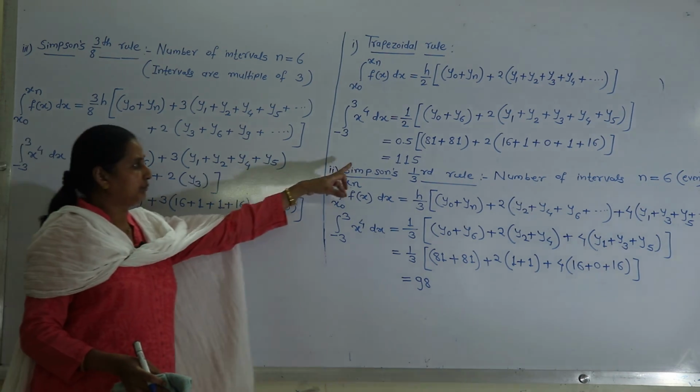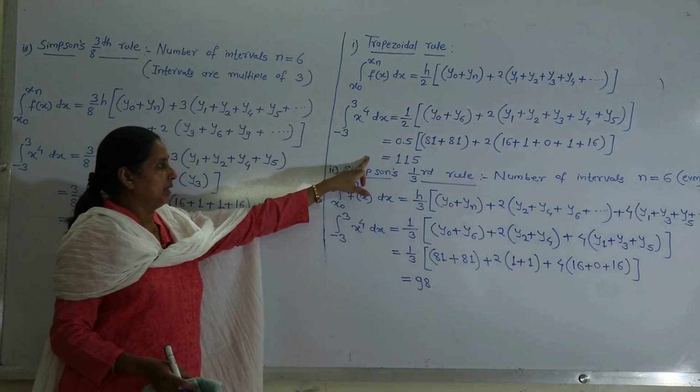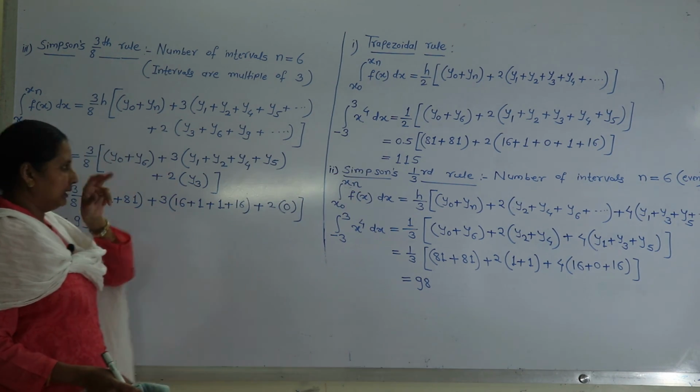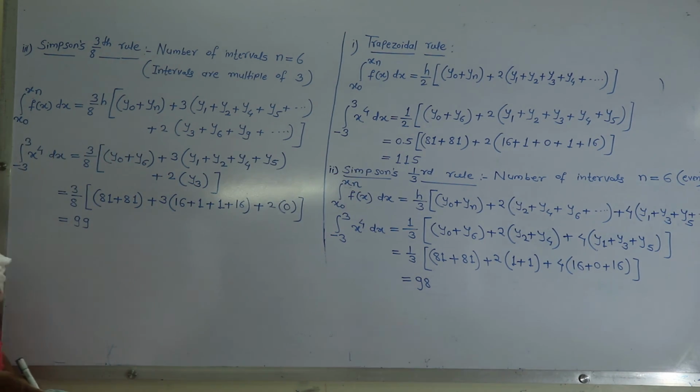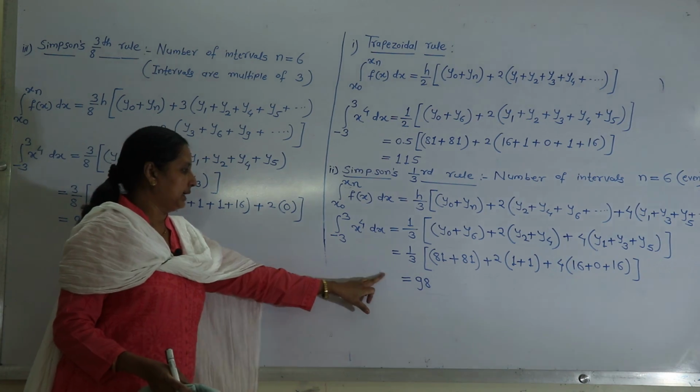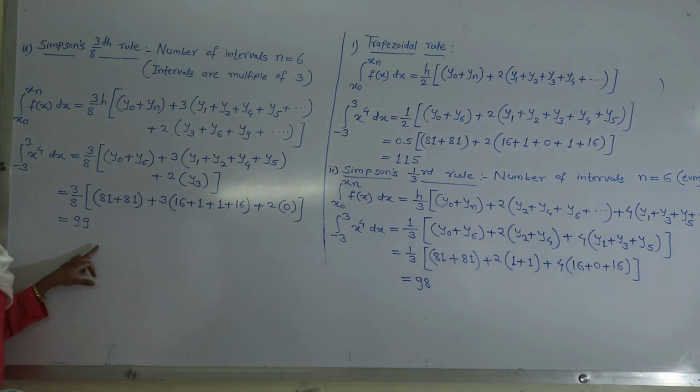The answer is 1/15 in the trapezoidal rule. There is some error. In the 1/3 rule, 98 and 99, these are near about the same, but we can find the answer only approximately, not the exact answer.